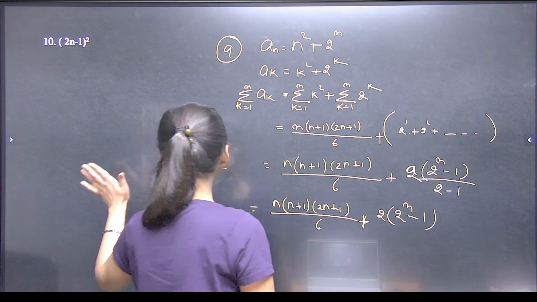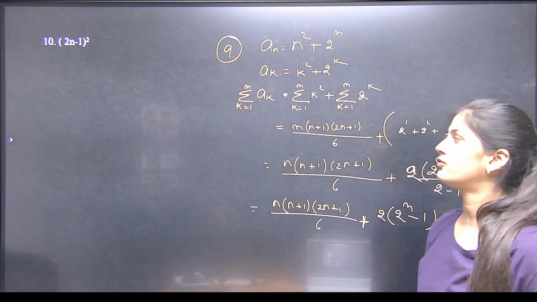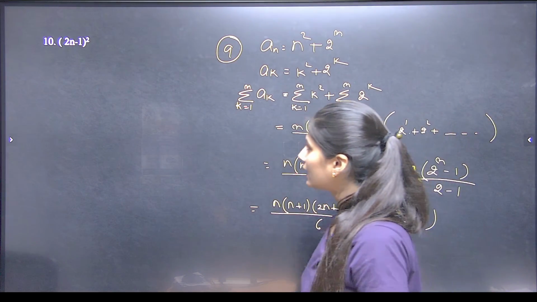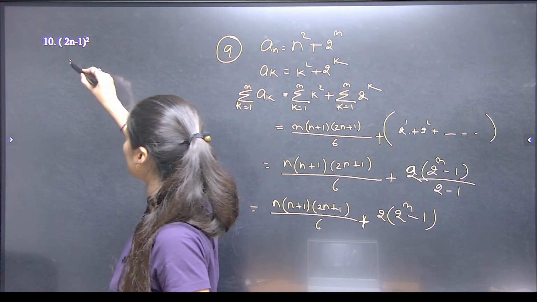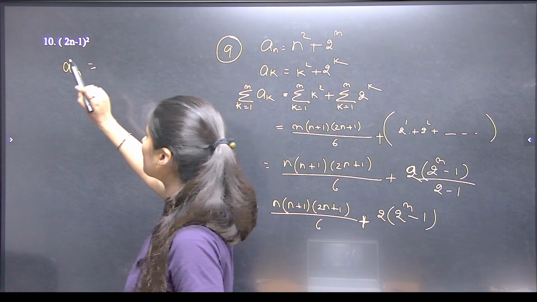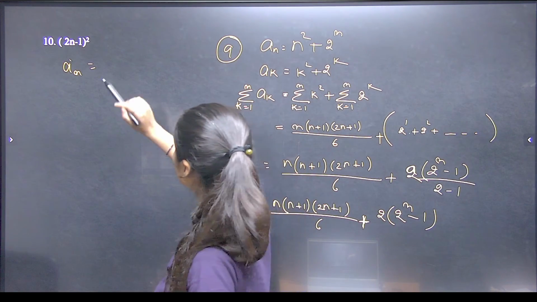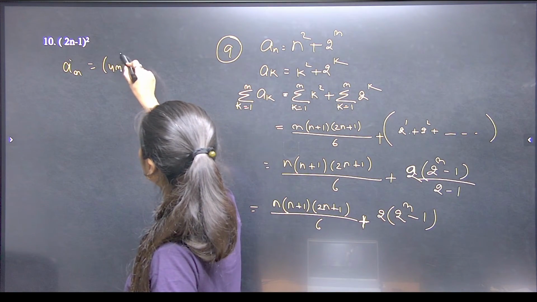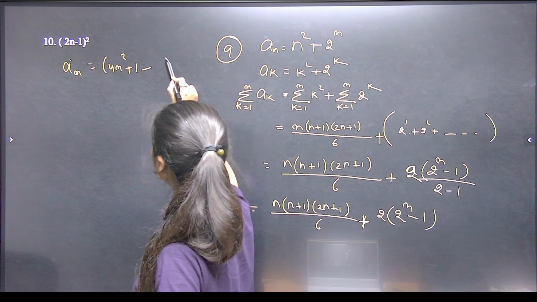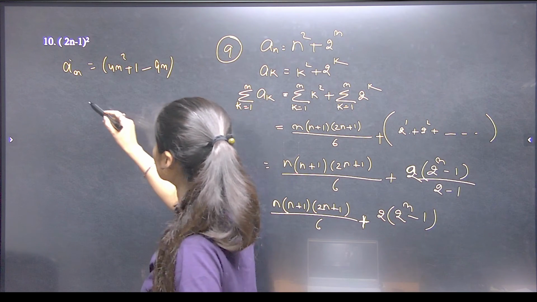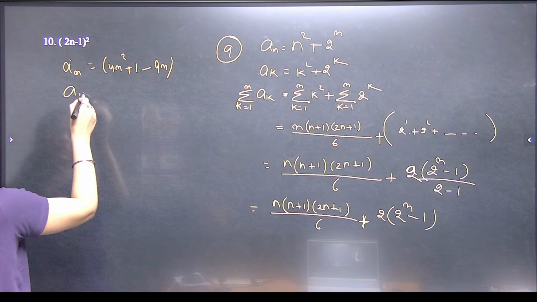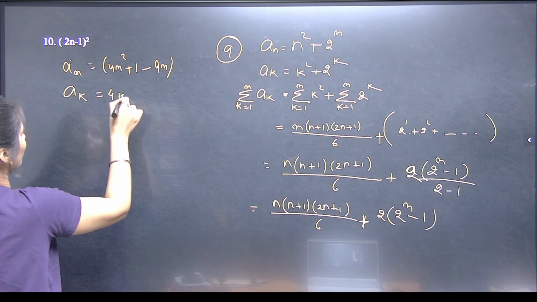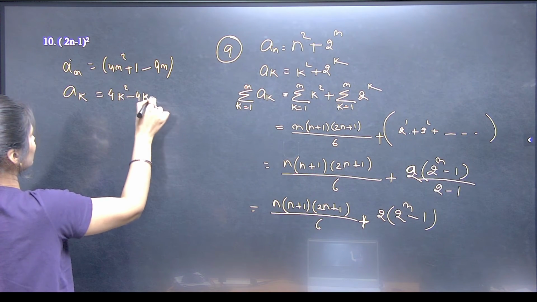Now this is the last question of this exercise 9.4, question number 10, and again we have to find the sum. The nth term is (2n minus 1) whole square, which means it is a square plus b square minus 2ab, that is 4n square minus 4n plus 1. So the kth term is 4k square minus 4k plus 1.